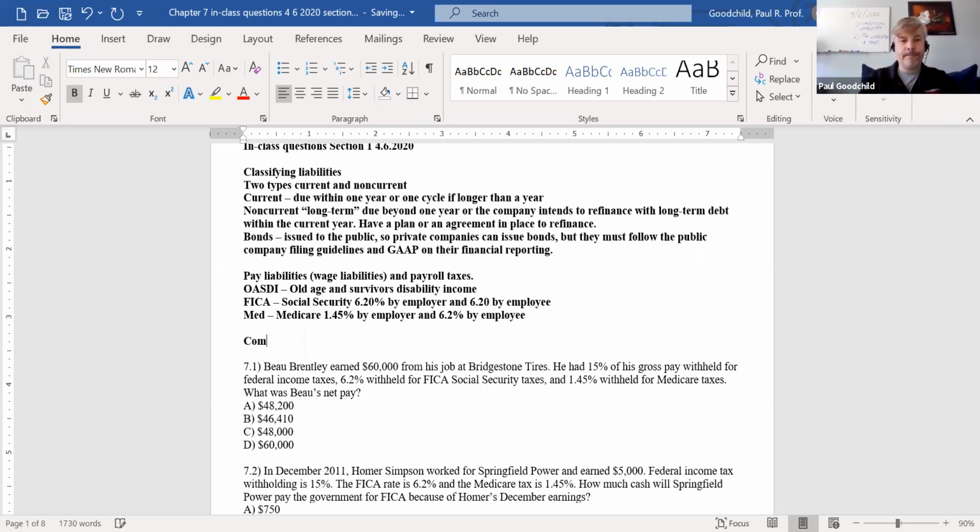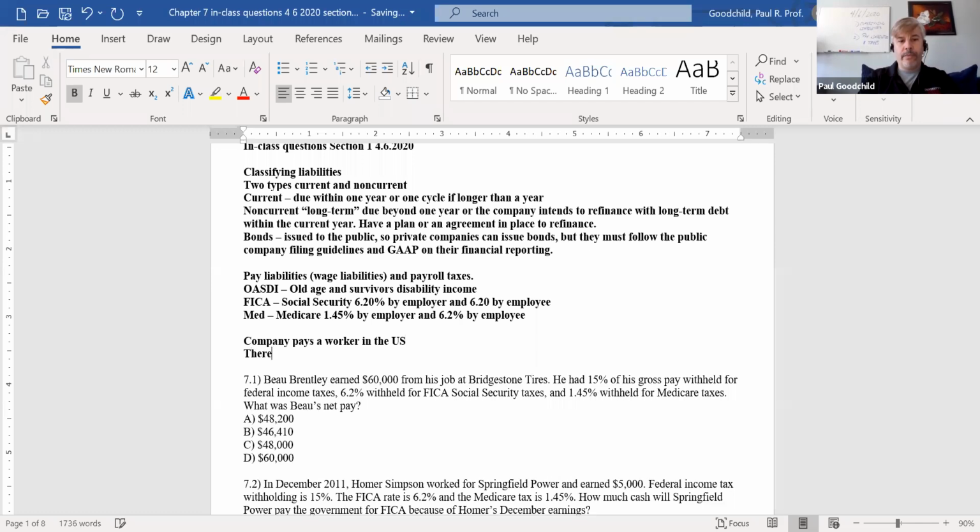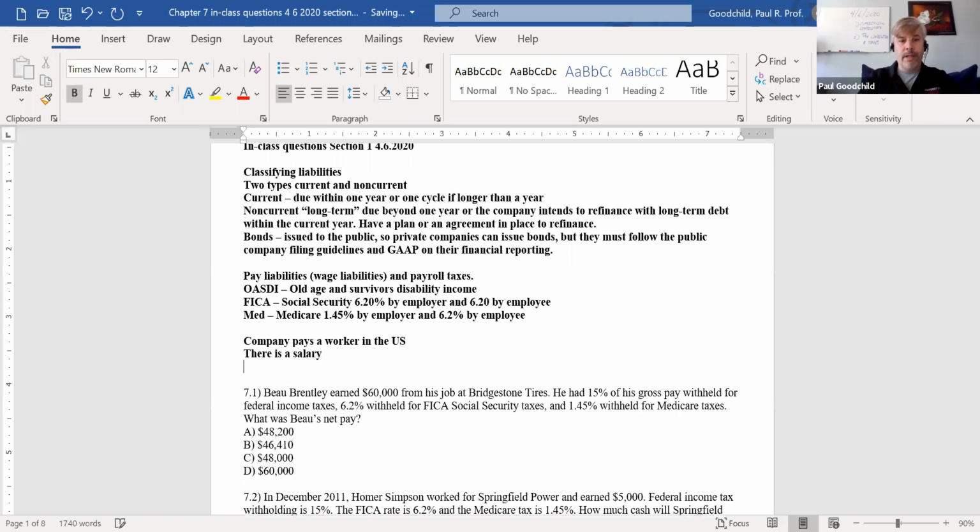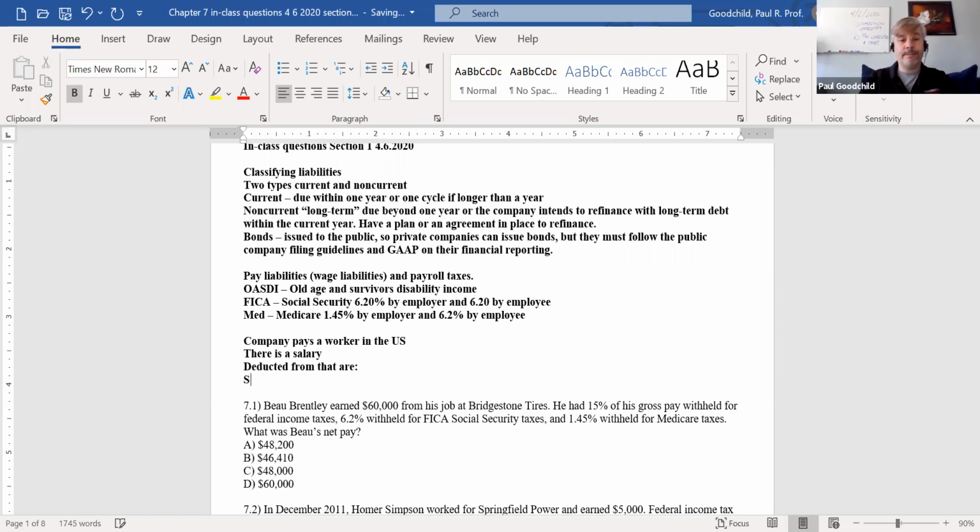So when a company pays a worker in the US, there is a salary, and then deducted from that are state, local if applicable, and federal taxes.